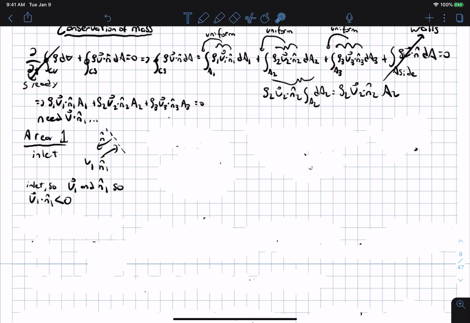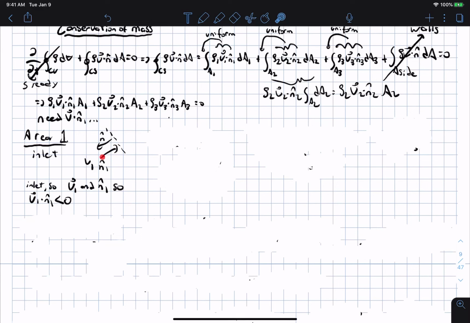So v1 and n hat 1 are in the opposite direction because we have flow coming from the outside and going inside through that surface. That implies that v1 dot n hat 1 is negative.